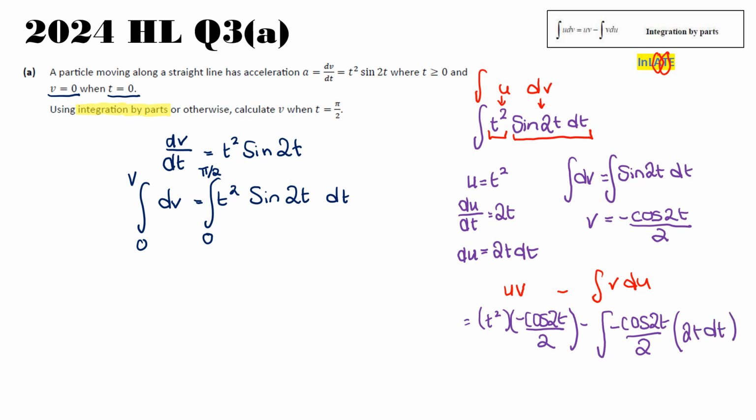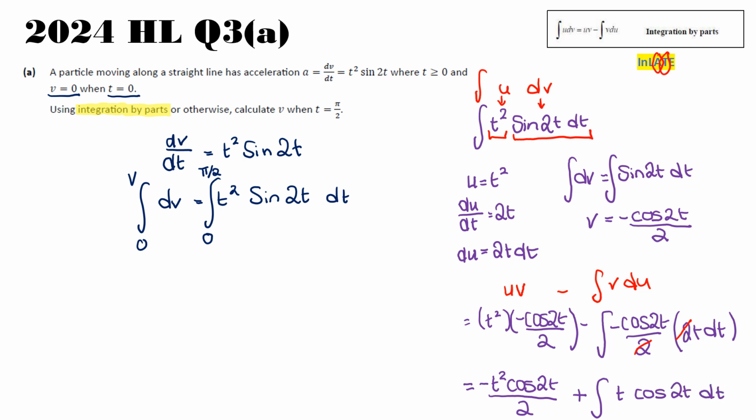There is a 2 on the top and a 2 on the bottom here. That's very nice. So this little bit turns into minus t squared cos 2t all over 2. Minus minus, I can pull that minus out. It gives me a plus, and this gives me a t cos 2t dt.